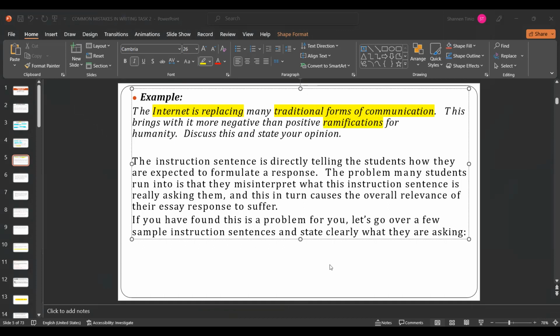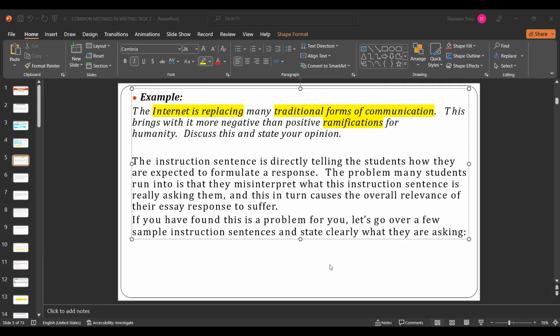But with the help of context clues, you can assume what ramification means. It says here, brings with it more negative than positive ramifications for humanity.